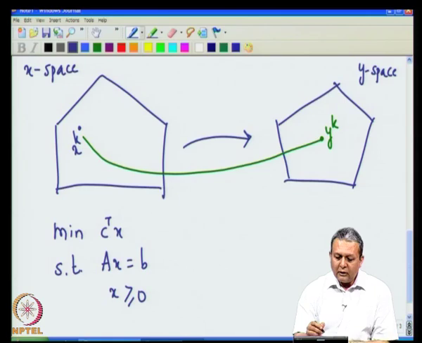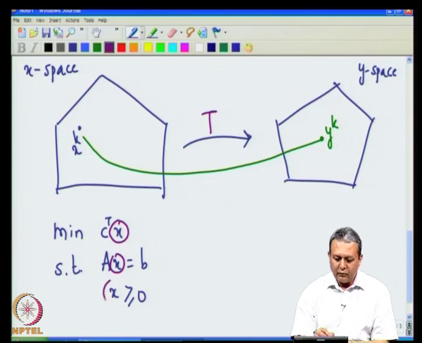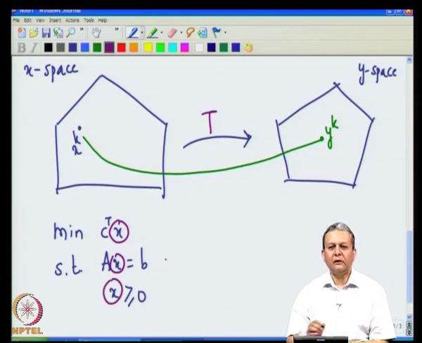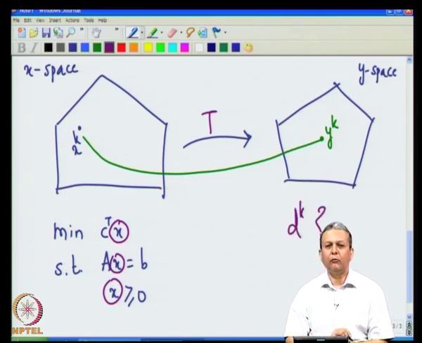When we use the transformation T to project these points in the y space, the variables x get changed to y, and this becomes a problem in the y space. And in the y space, we need to find the direction dk along which we need to move.